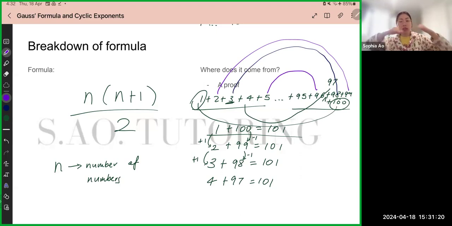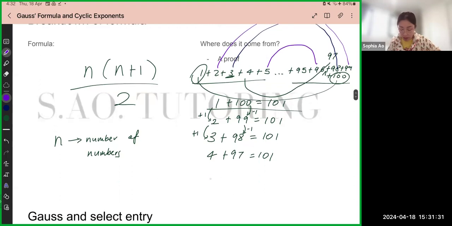Okay, and so you see they sort of join up over here. And so you can imagine that this would continue all the way until we meet in the middle, with the final pair being 50 plus 51, and you get 101. Okay, so essentially we get heaps and heaps and heaps of pairs of 101.